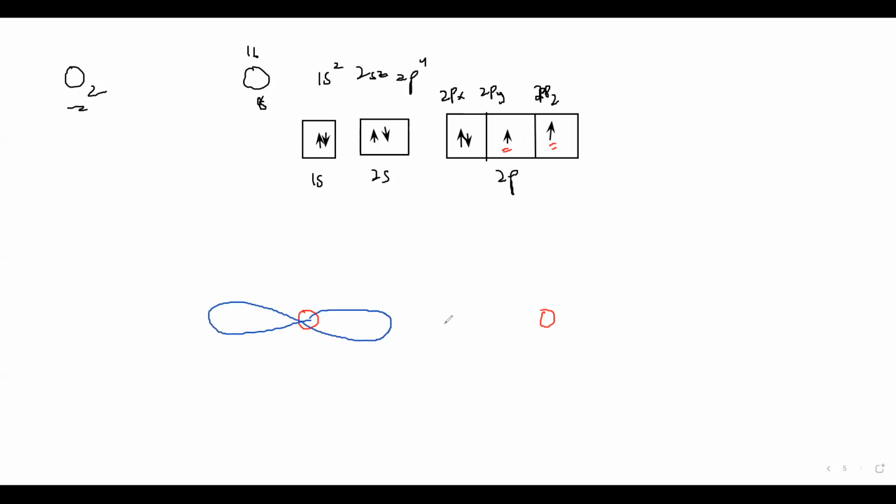This is a py orbital for one oxygen, and this will be the py for the second oxygen. So they are completely overlapping. When they are completely overlapping, what we call this bond, due to complete overlapping, is a sigma bond.